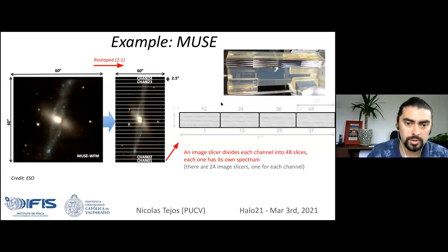Then once you are in a given channel, there is an image slicer like that on the top that slices the channel into 48 different slices, different regions. Each of those goes through a spectrograph and produces a spectrum. So 48 spectra times 24 channels. So you have a lot of 2D spectra out of the full instrument.